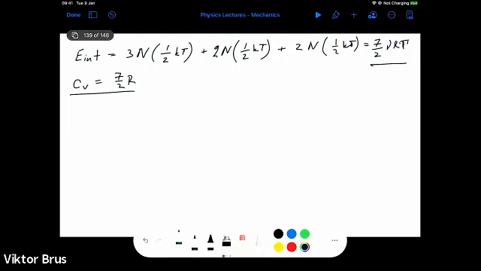Taking into account these features, that rotational and vibrational energies of molecules are quantized, the specific heat capacitance of ideal gases with diatomic molecules changes with temperature also step-like.